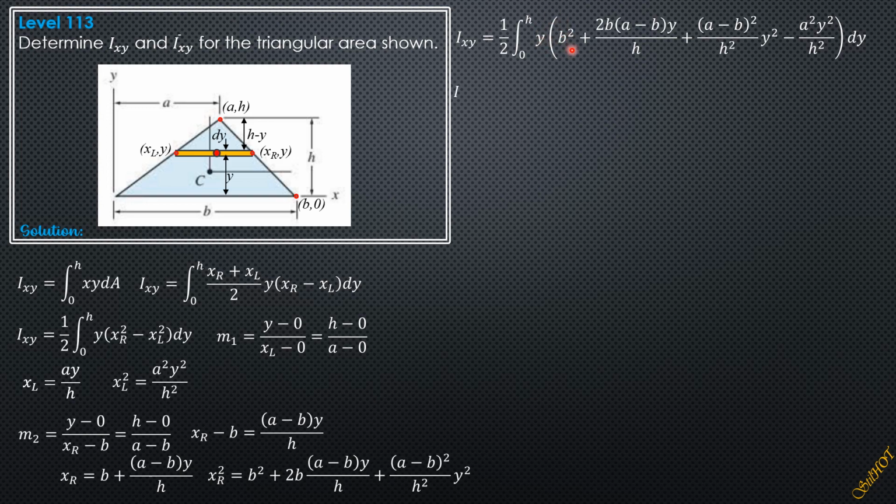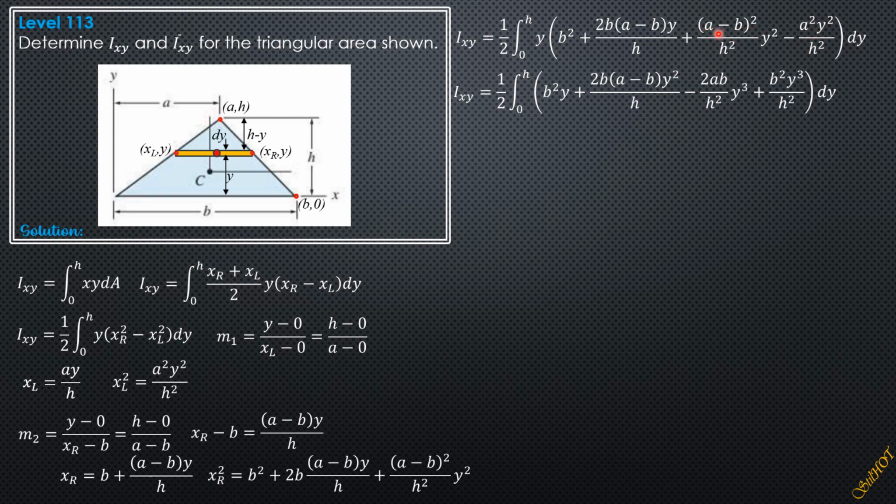Distributing y, so we have Ixy equals 1/2 integral from 0 to h of quantity b square y plus 2b quantity a minus b y square over h plus, we expand. The first term is a square y square over h square, so this will vanish.